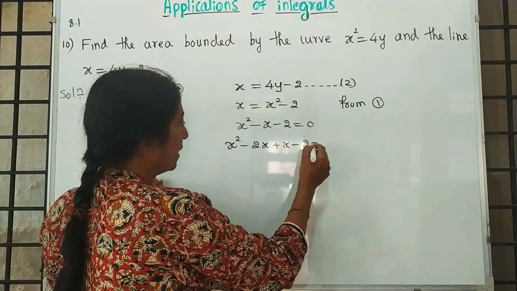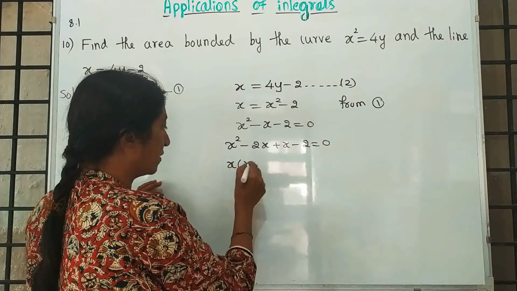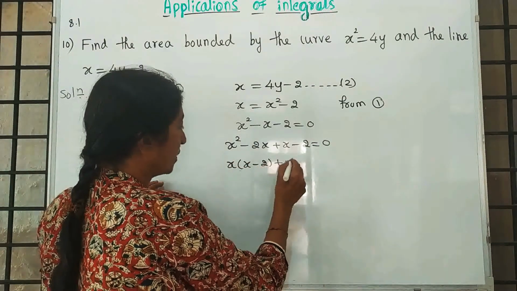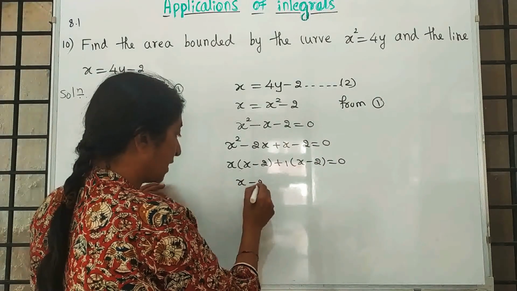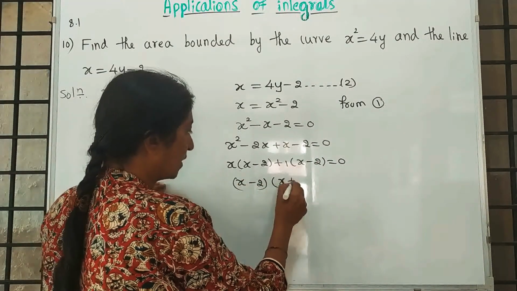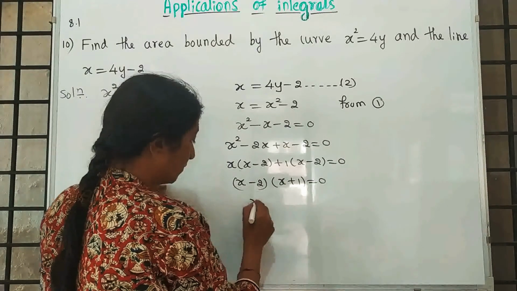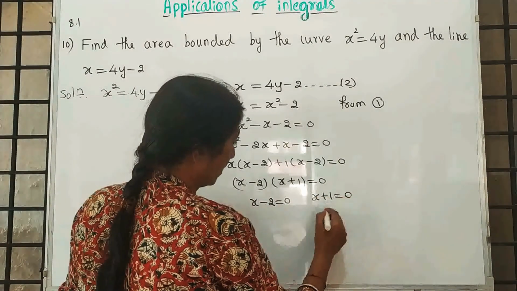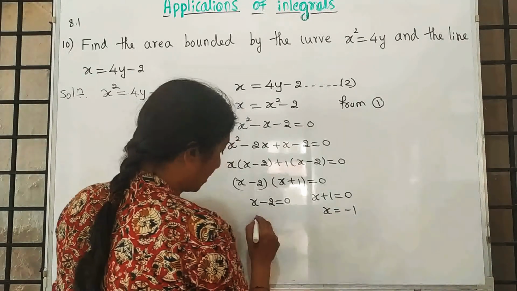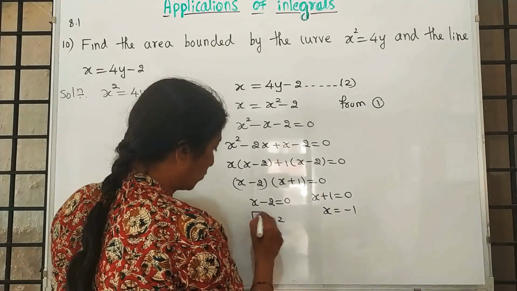When you factorize, you will get x common, x minus 2 plus 1 common, x minus 2 is equal to 0. Again x minus 2 bracket is common, x plus 1 is equal to 0. x minus 2 is equal to 0 or x plus 1 is equal to 0. x is minus 1 and x is equal to 2.